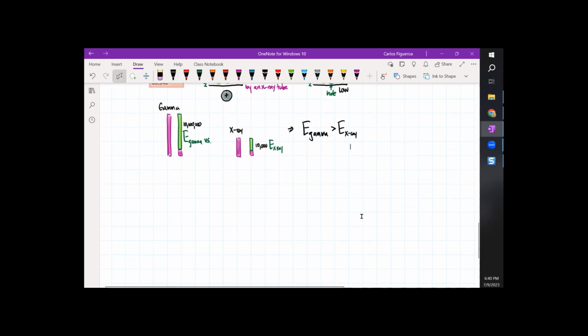So that's where X-rays come from. Now, how do you generally do that? What you're seeing here is that X-rays originate from the electrons in the atom, right?